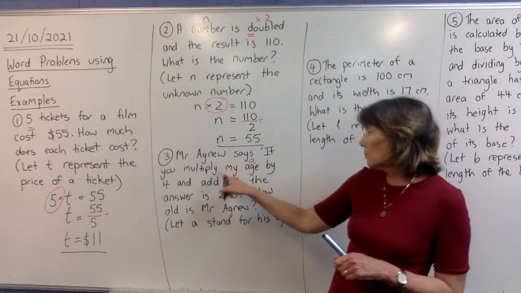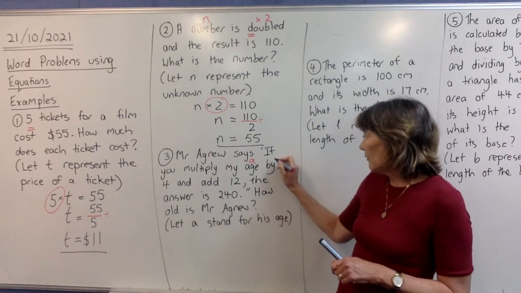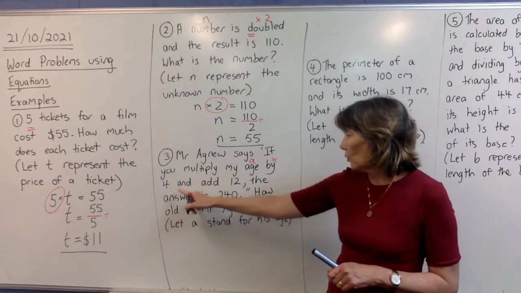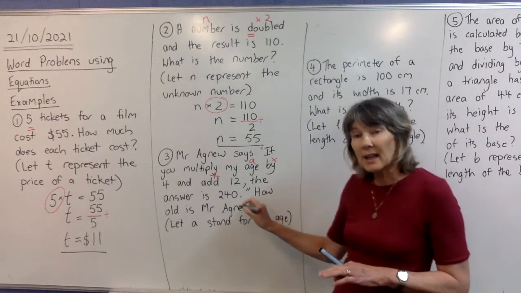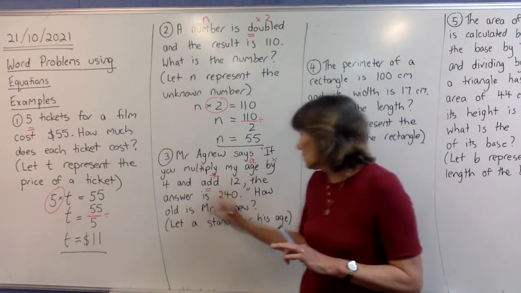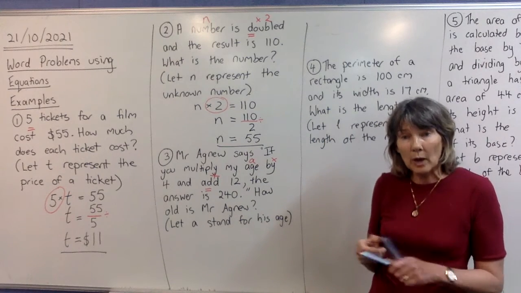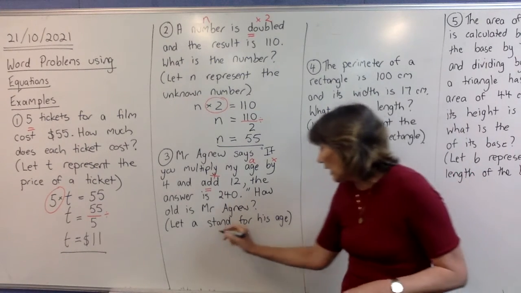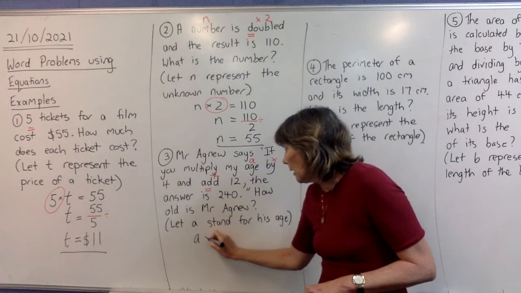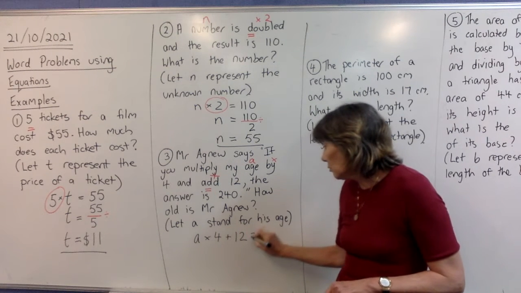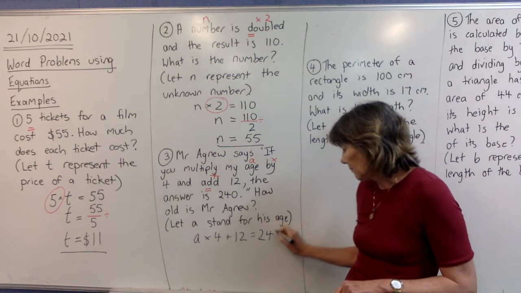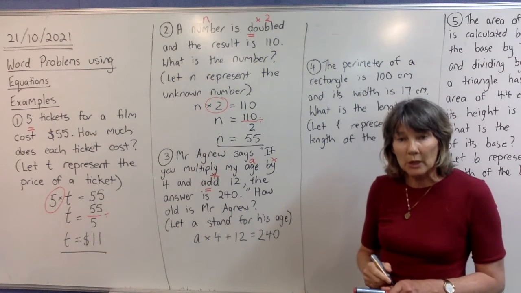So if you multiply A by 4 and add 12, the answer is equals 240. Now let's write it all in an equation. So we have A times 4 plus 12 equals 240. So there's your equation.